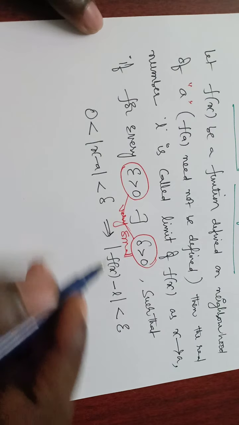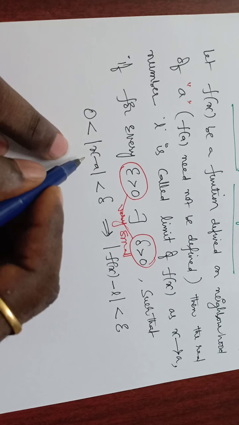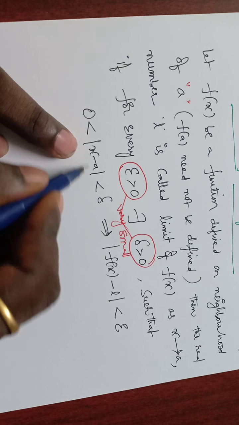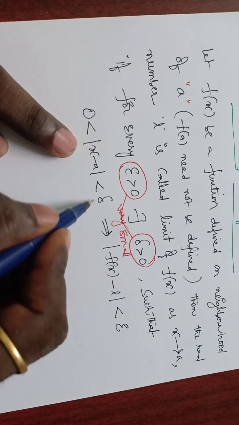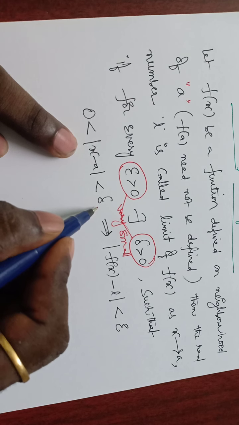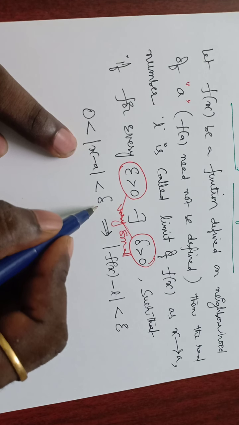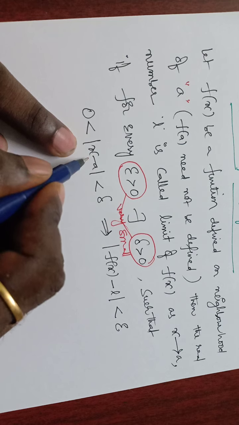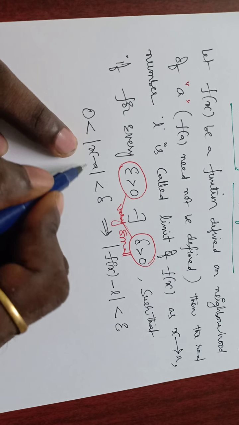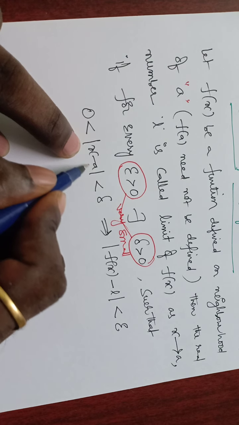See what it means. The difference between x and a is less than delta. Already delta is a very small value, and the difference between these two is less than delta, which means that x is very close to a.